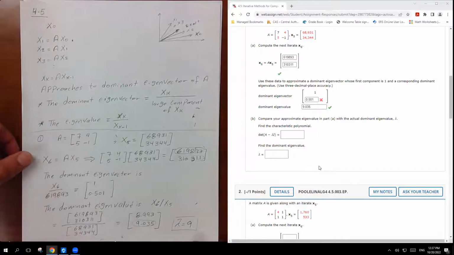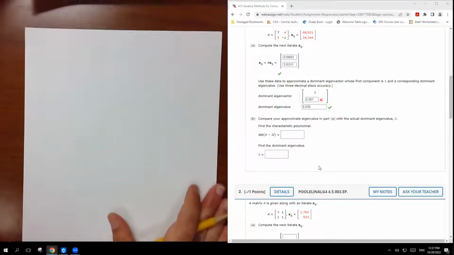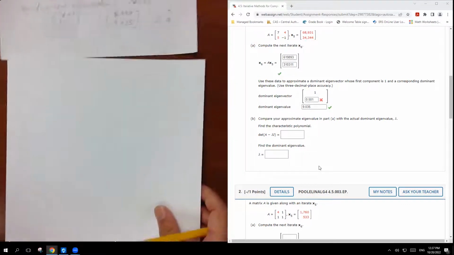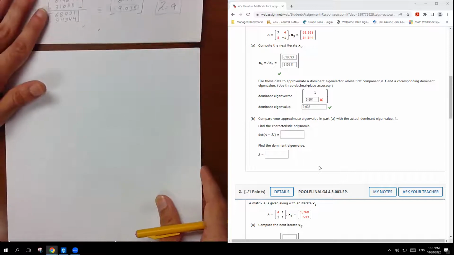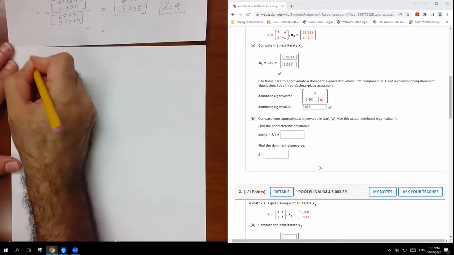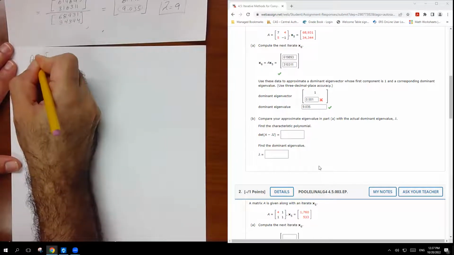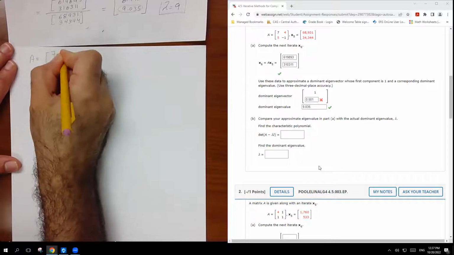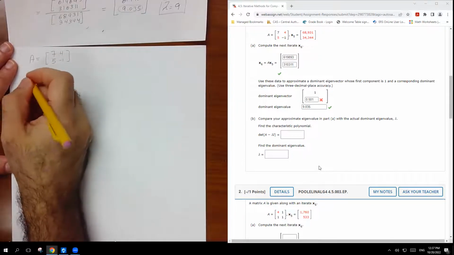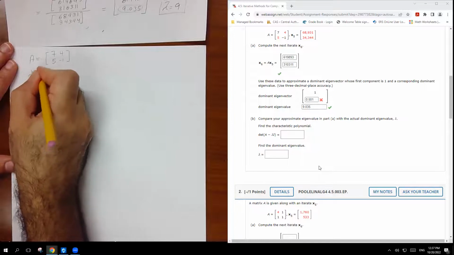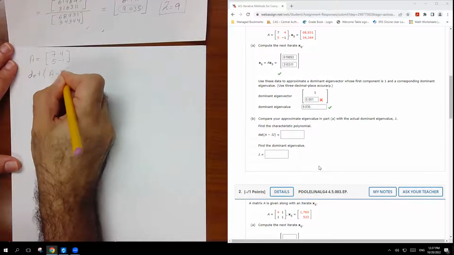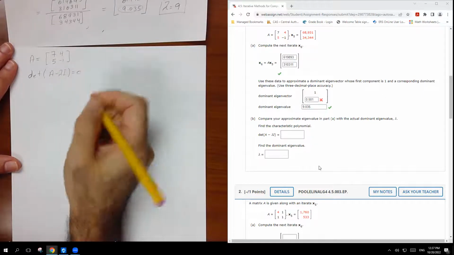If I use the characteristic polynomial on this one, we have the matrix A, exactly as in the previous example. So our matrix A is 7, 4, 5, -1. To use the characteristic polynomial, the determinant of A minus lambda I is going to be equal to 0.